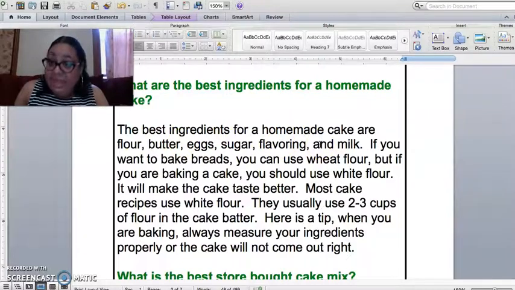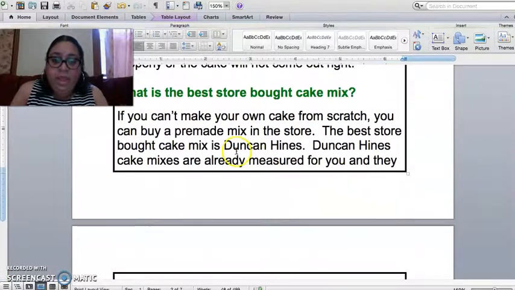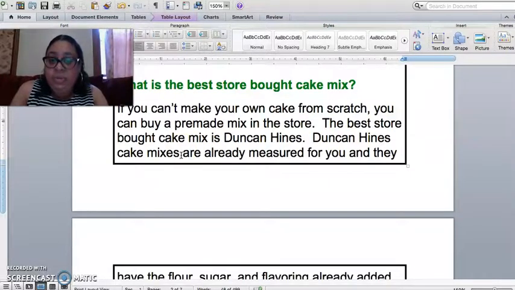Oh, so I'm giving a lot of examples. If you want to bake breads, you can use wheat flour. But if you are baking a cake, you should use white flour. I gave a tip. Oh, I know I gave a tip here also. The last time that we were working on this, I gave a tip about the best store-bought cake mix.